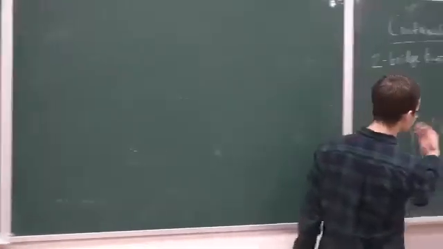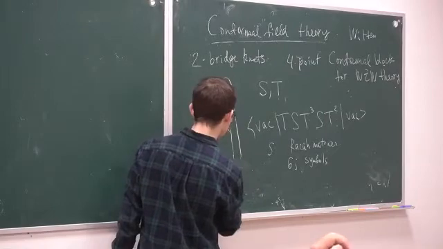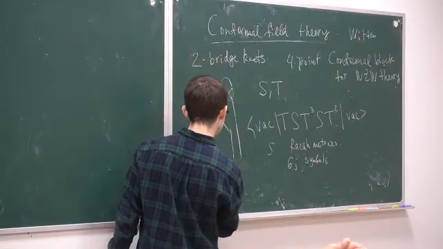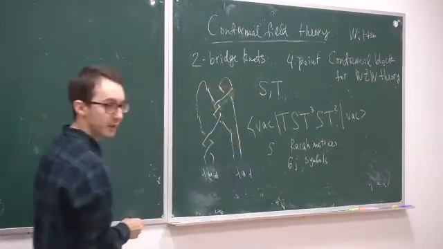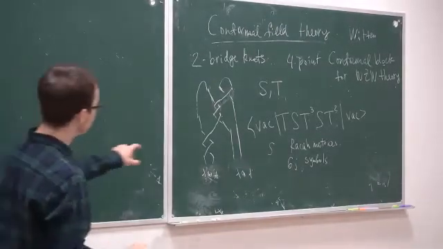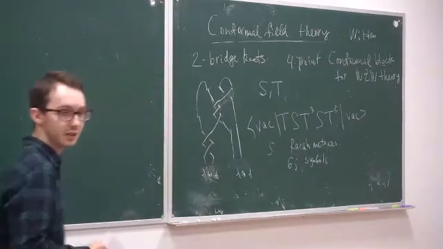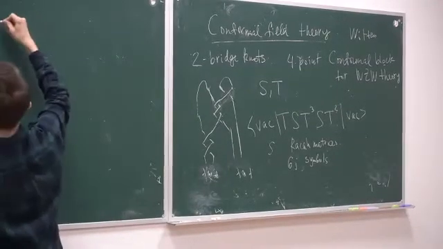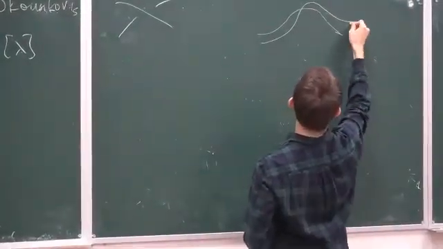We can actually not close this, but consider this as an operator acting from some representation lambda times lambda or lambda bar to lambda times lambda. And then for any 2 subsequent strands here, we can introduce such a 2-bridge configuration. A simple crossing would be just a simple bridge like this.